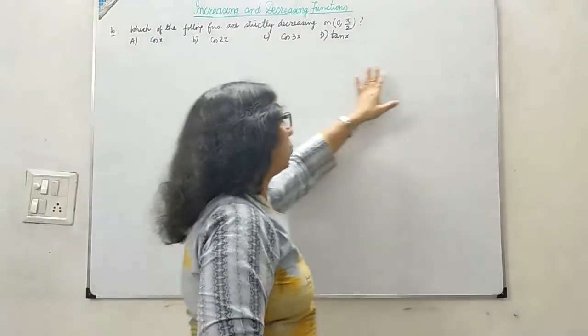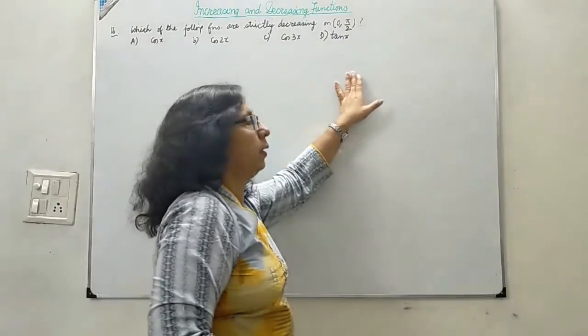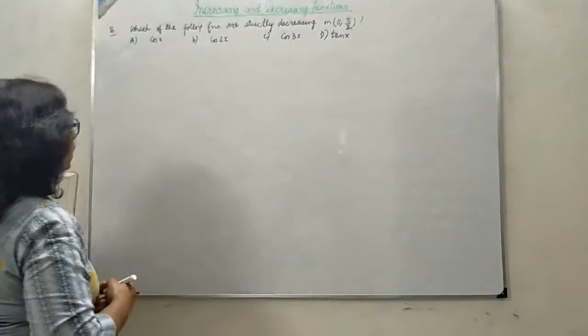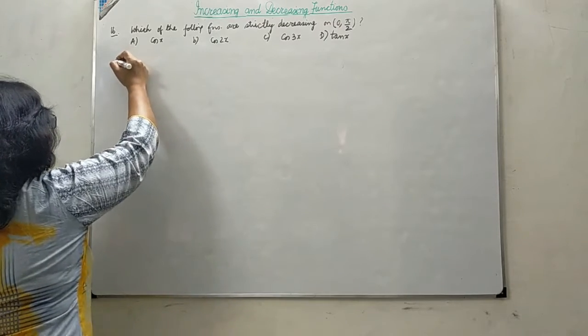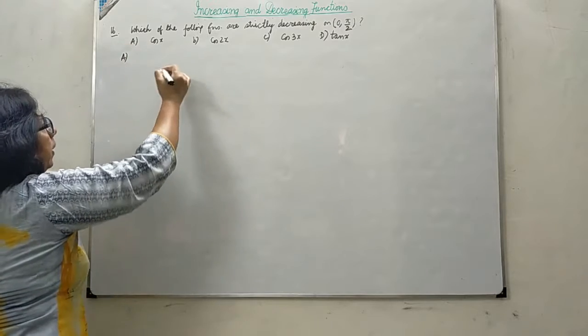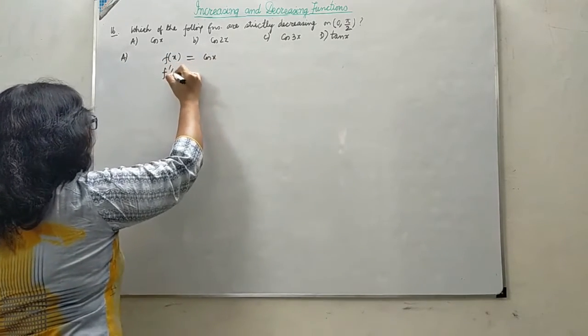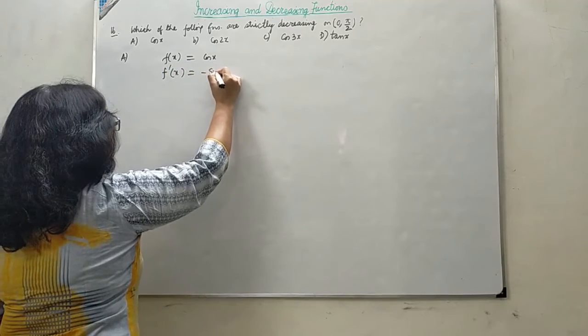Here in the next question we have an MCQ type: which of the following functions are strictly decreasing on 0 to pi by 2? We are given 4 options and we have to check them one by one. It is better to understand each part separately by following the same procedure. For part A, let me take f(x) as cos x, and f dash x is minus sin x.